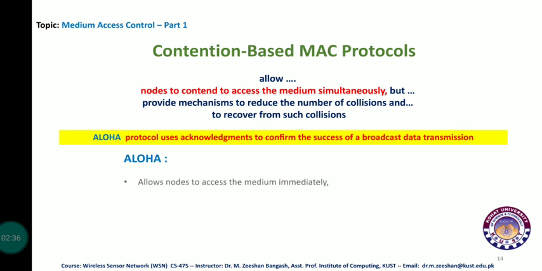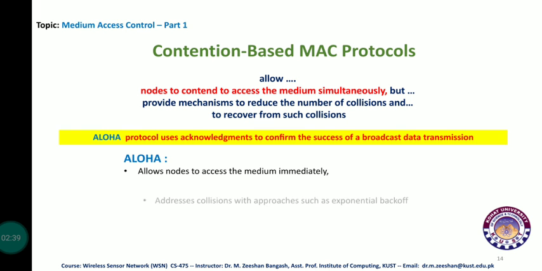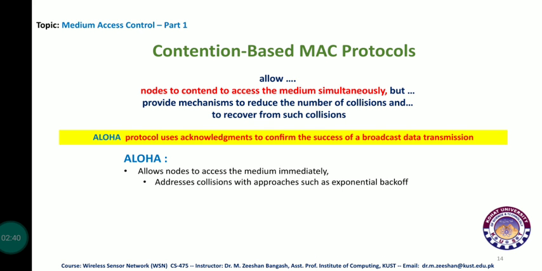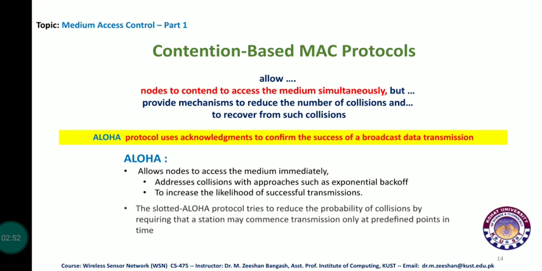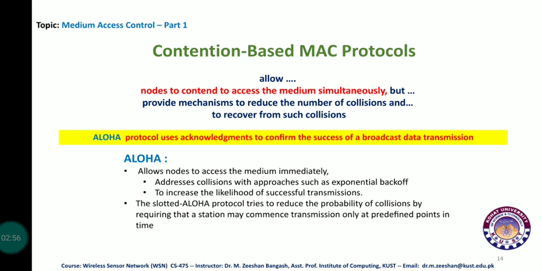So what is Aloha? The nodes access the medium immediately, simultaneously, and collisions are addressed with an approach such as exponential backoff, which increases the likelihood of successful transmissions. There's another flavor called slotted Aloha that tries to reduce the probability of collision by requiring that a station may commence transmission only at predefined points in time.